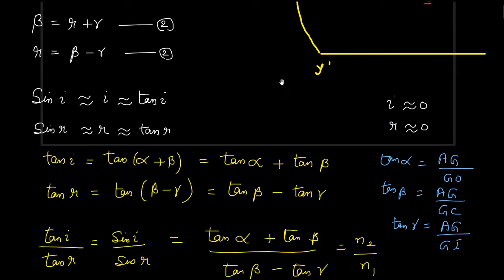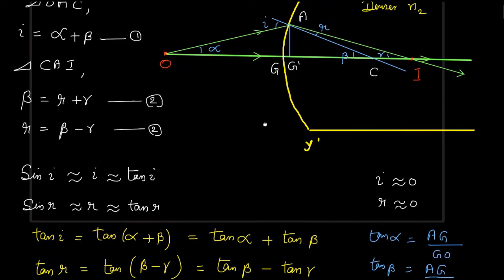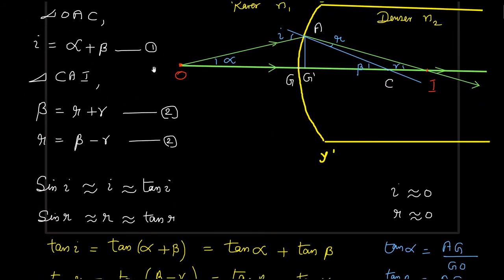What are these GO, GC and GI? GO is measured towards the left of the optic center. So these are all negative measures. GO is the object distance, which is minus u. And GI, which is towards right, that is plus v.